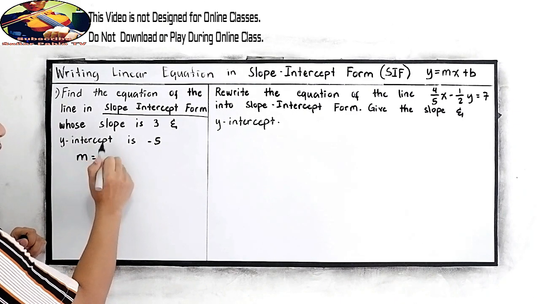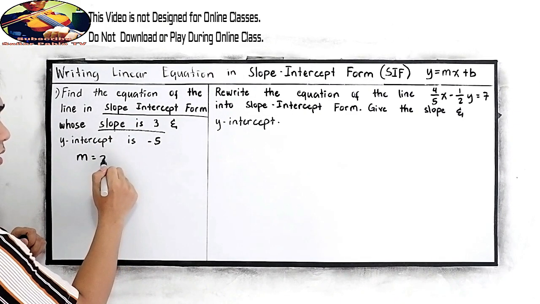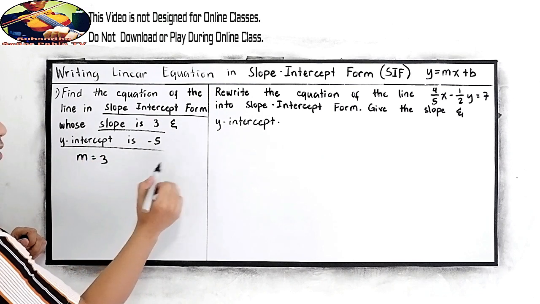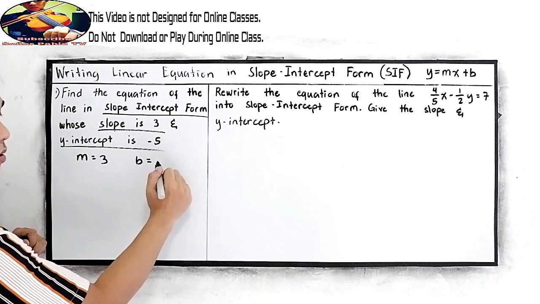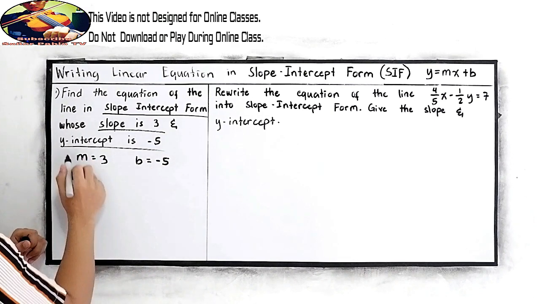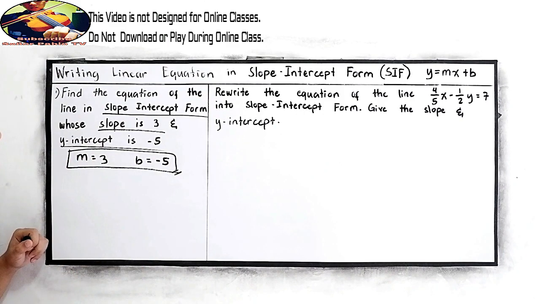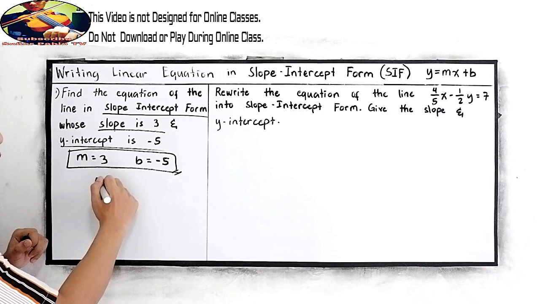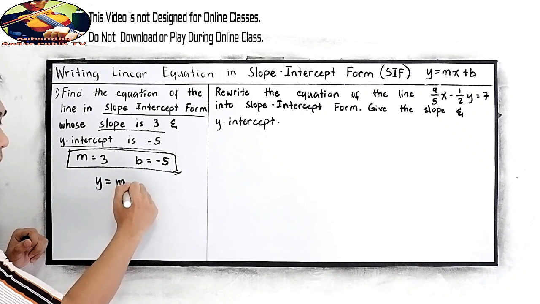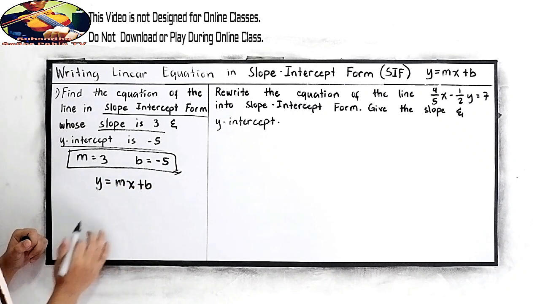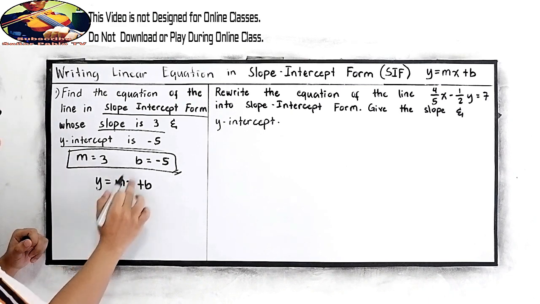Our m, or the slope, is 3. And y-intercept, the b, is equal to -5. Next, we have the equation y is equal to mx plus b. Now, just substitute the given.